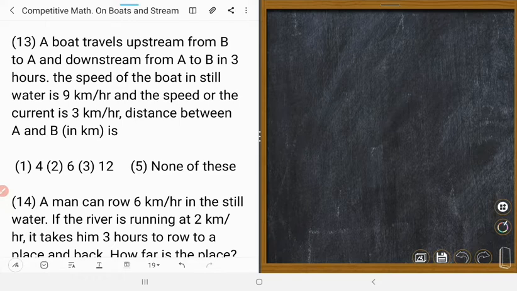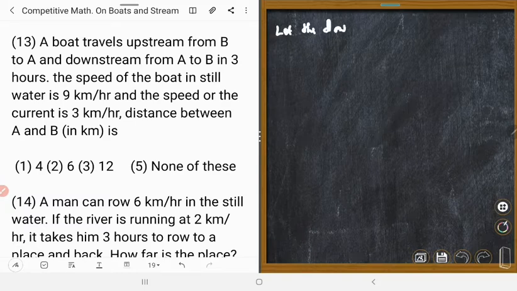Distance is equal to what? Time into speed. Okay. Let the time taken downstream be x.